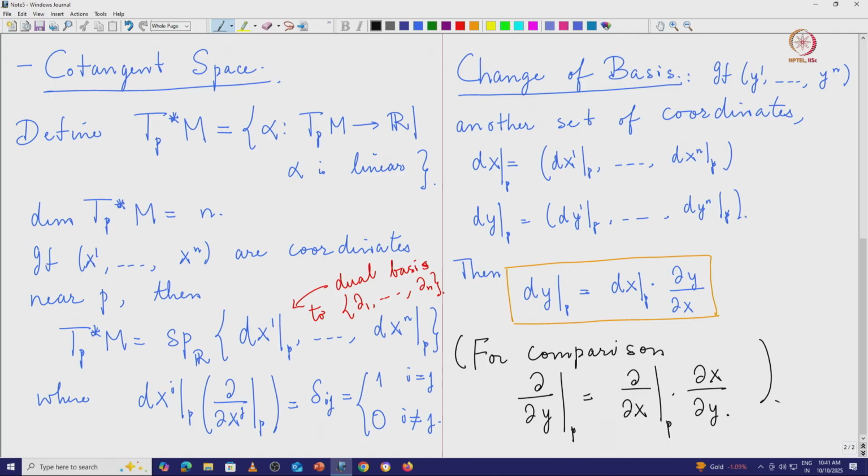Okay, so the transformation formula for the dual basically has the inverse of the Jacobian matrix that shows up in the transformation formula for the tangent space, right? So note that these are inverses of each other.